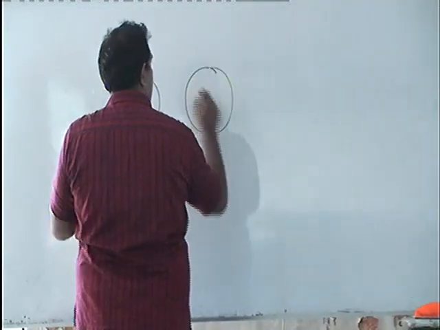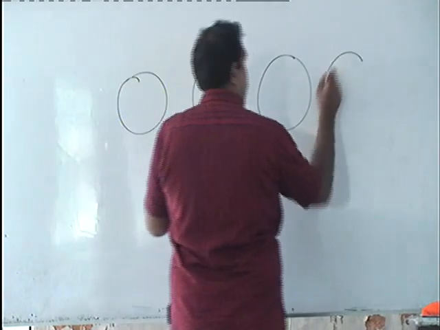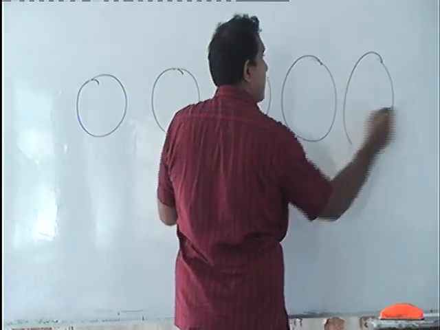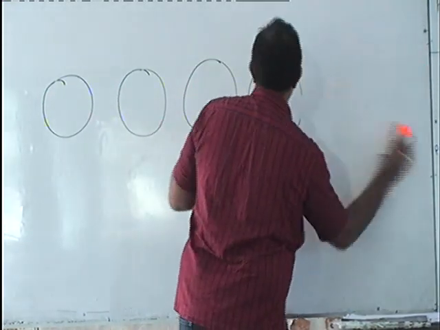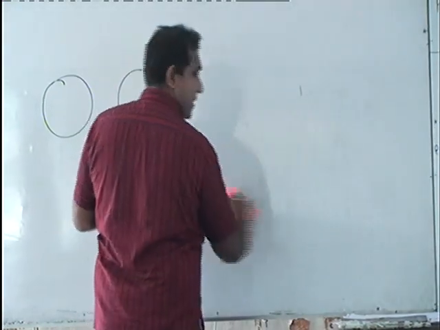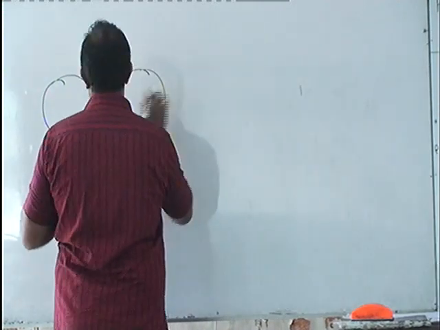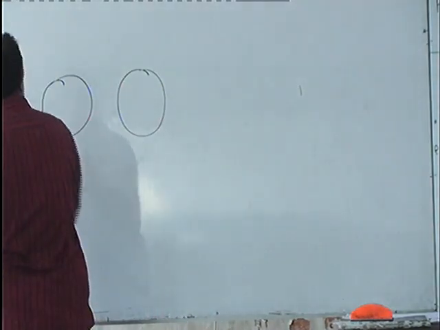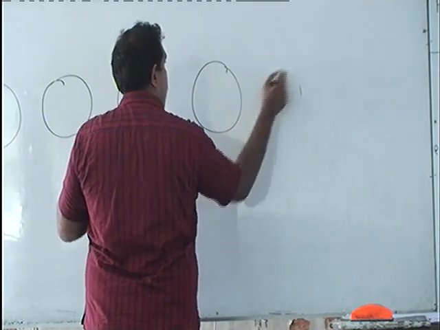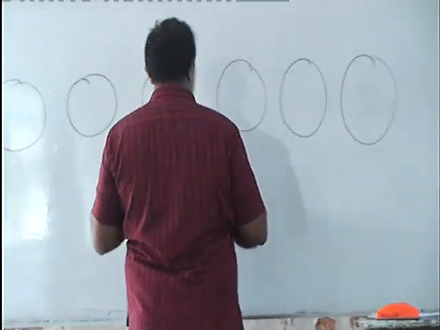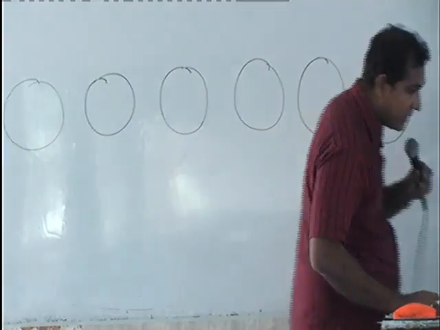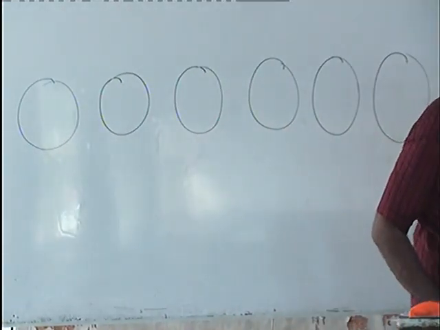Draw circles: 1, 2, 3, 4, 5, 6. We have to have space in between the circles. First circle, we'll write one by one.